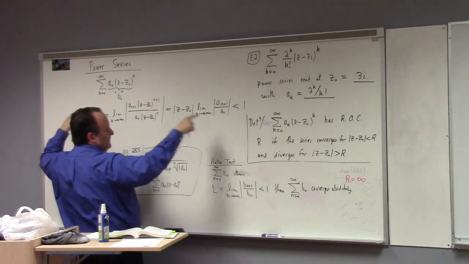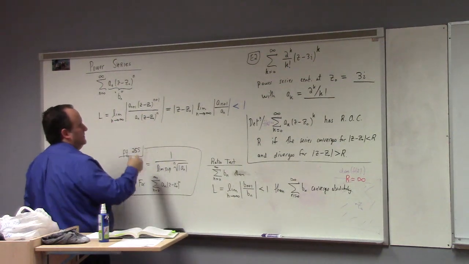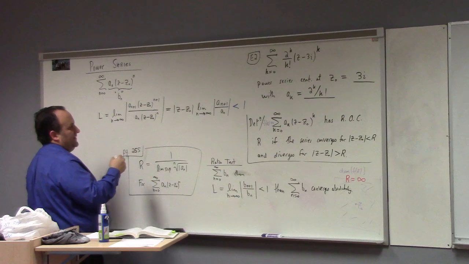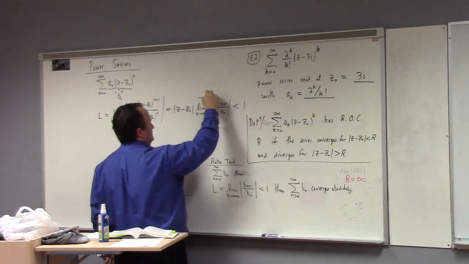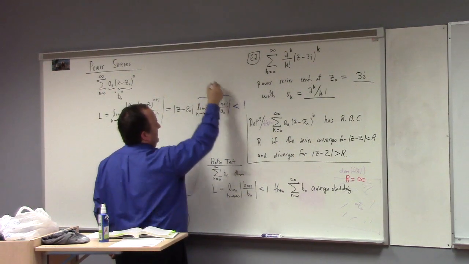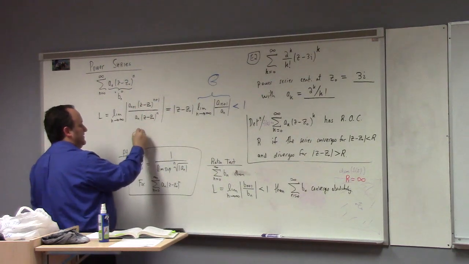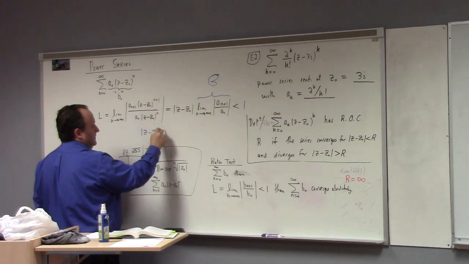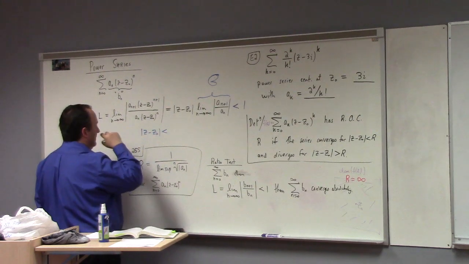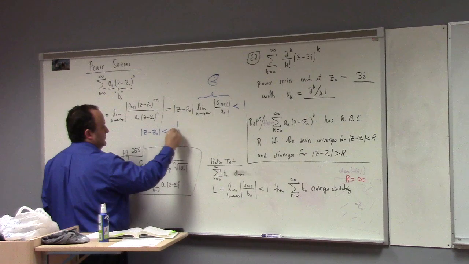Solve this inequality. What is it? So first of all, if I call this thing, I don't know, Pac-Man, then I have the modulus of z minus z naught less than what? I need it to be less than 1 over Pac-Man.